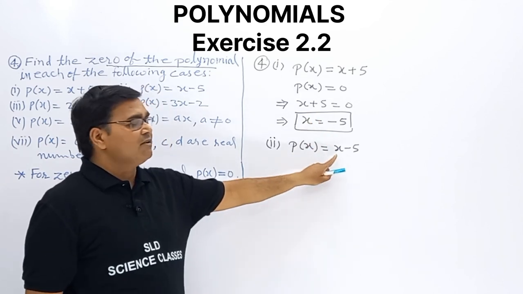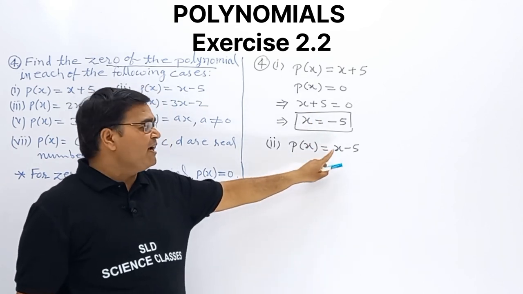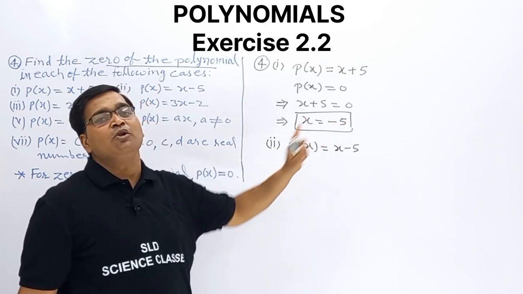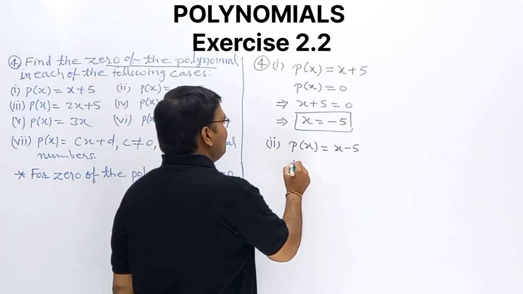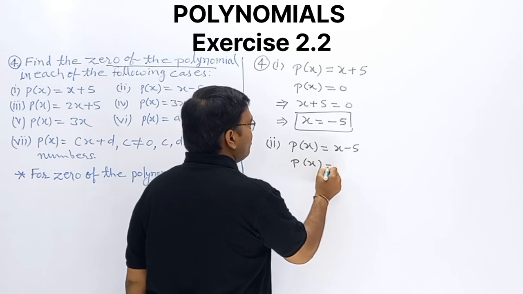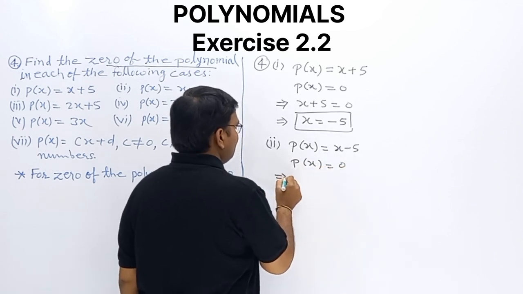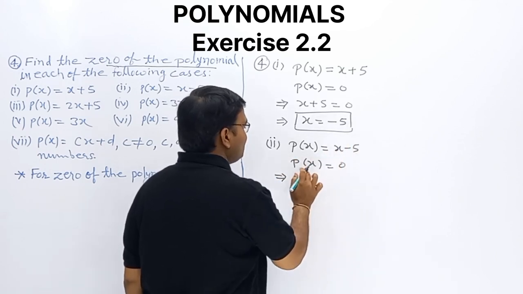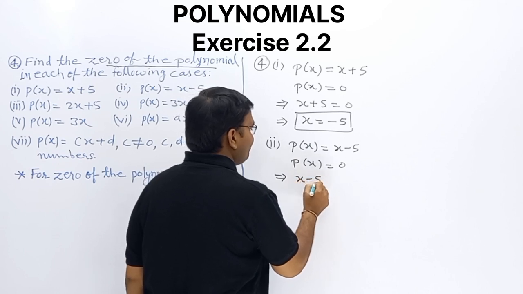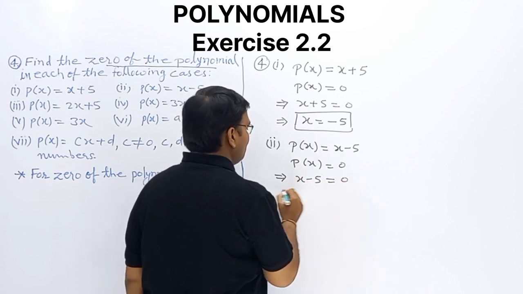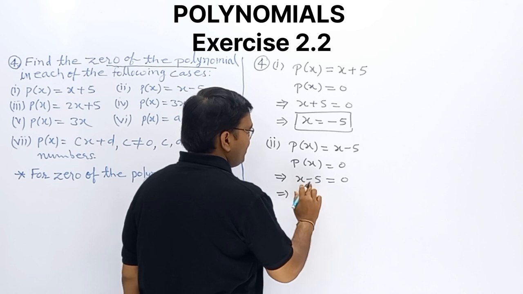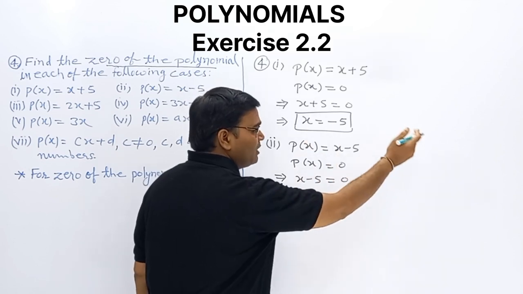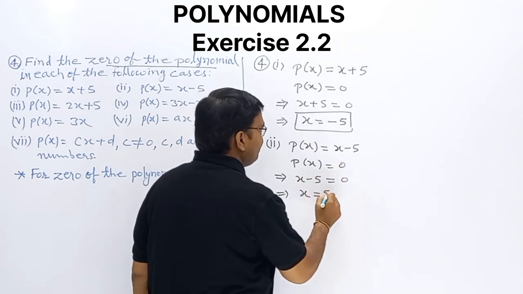Now we want its zero. For finding its zero, put this polynomial equal to 0. Put p of x equal to 0. Then x minus 5 should be equal to 0. Solve this one. We are transposing this minus 5 to the right side, so this will be 5.